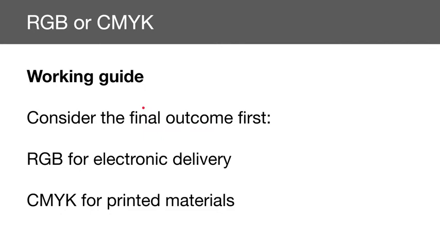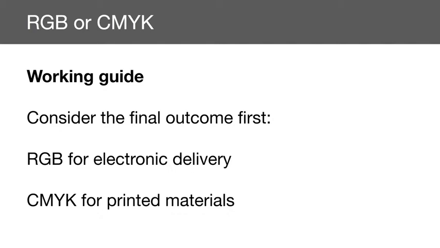The working guideline for working in the creative industry is always know your outcome first, and then that guides you on what materials or how to set up your documents. So if you're going to work in anything with electronic delivery, such as tablets, projection screens, LCD screens, or TV at home, that's going to be working within an RGB format.